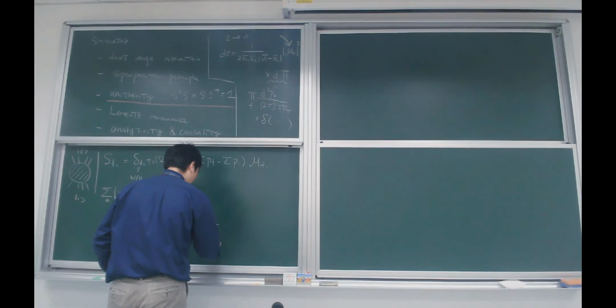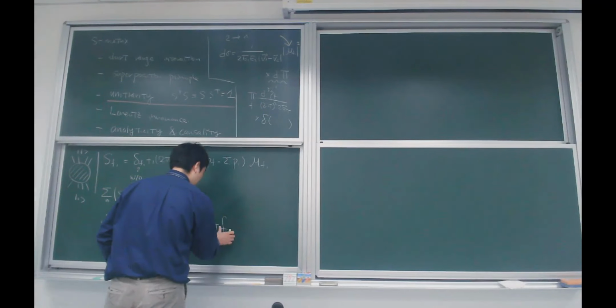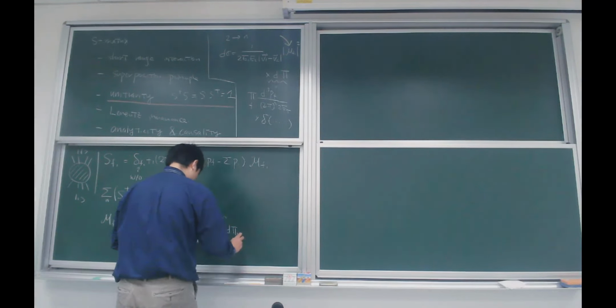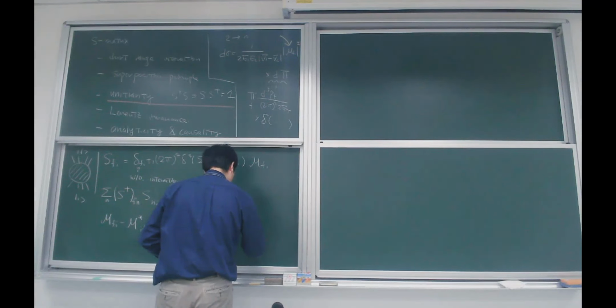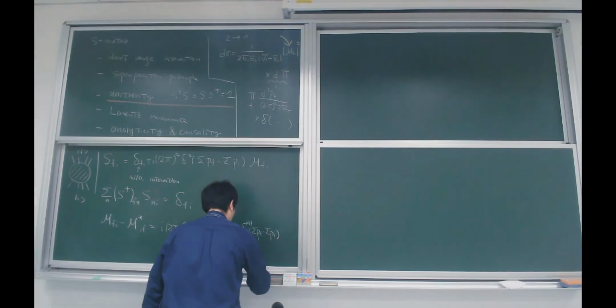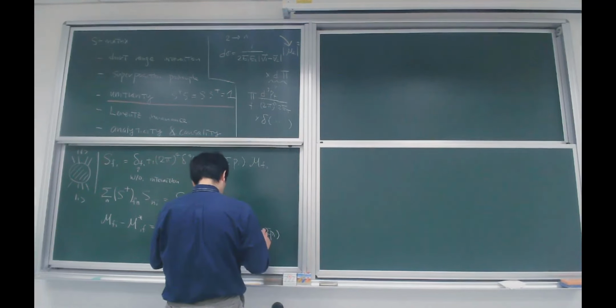The product, sorry, the integral over d n, delta of p_f minus the sum over p_n, M_fn times M star_in.